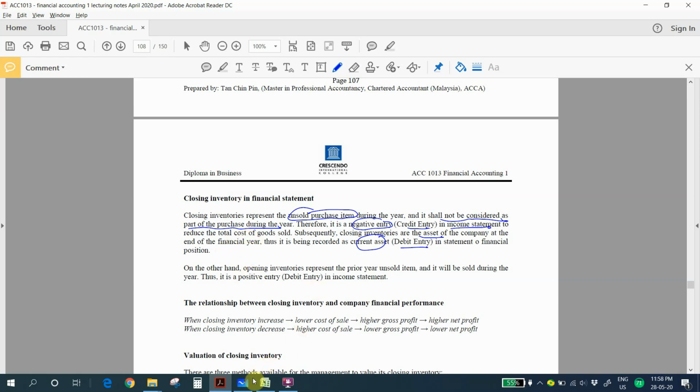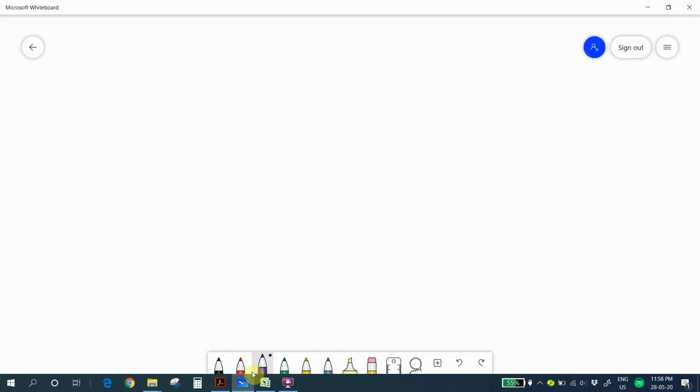So, in short, the double entry of closing inventory will be debit inventory, and this inventory is under current asset.